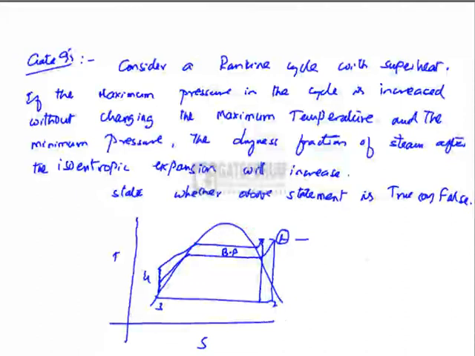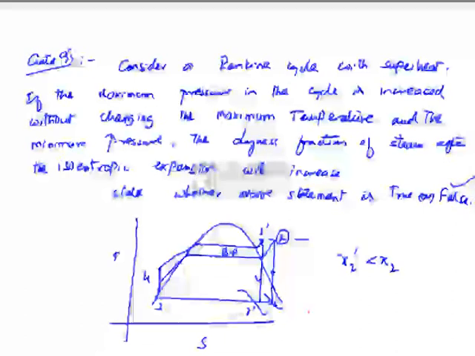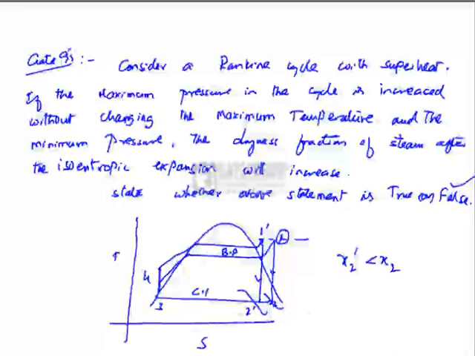So we have employed higher boiler pressures. The dryness fraction of steam after isentropic expansion will increase or decrease, is what the question asks. In fact, the dryness fraction will decrease. X2 dash is lesser than X2. The statement is false, because when higher boiler pressures are employed without changing the condensing pressure or minimum pressure of the cycle, the dryness fraction shall decrease.